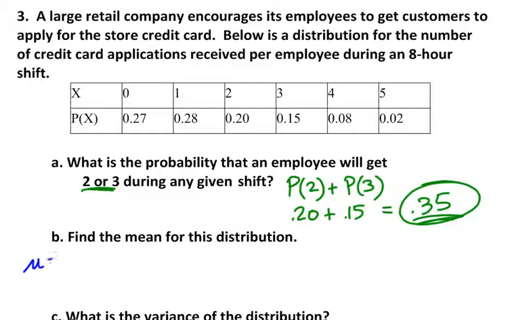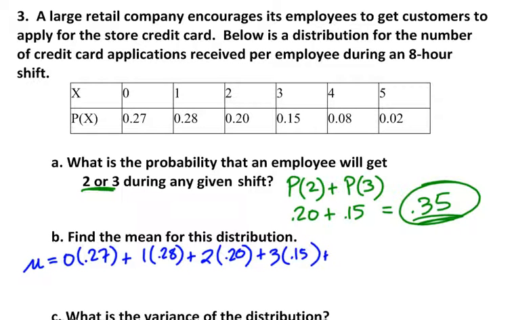So to find the mean, that would be 0 times 0.27 plus 1 times 0.28 plus 2 times 0.20 plus 3 times 0.15 plus 4 times 0.08 and then plus 5 times 0.02.